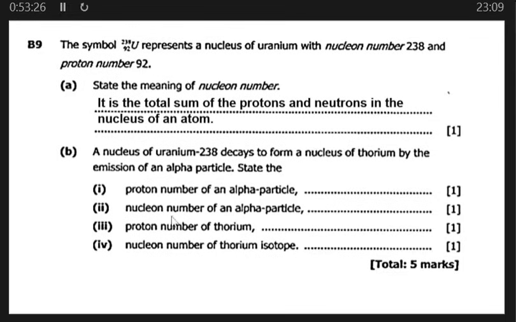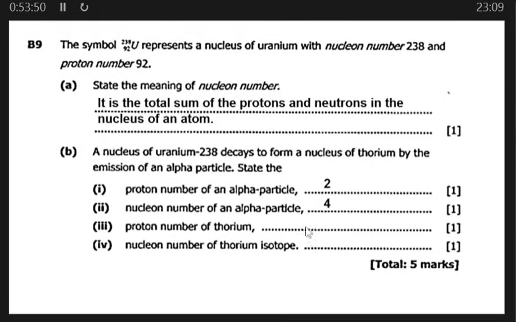So what you should know is that when this decays by alpha particle, actually an alpha particle is a helium nucleus. So a helium nucleus consists of 4 mass number and 2 proton number. So here our answer will be 2 proton number. Then they are saying nucleon number of an alpha particle.